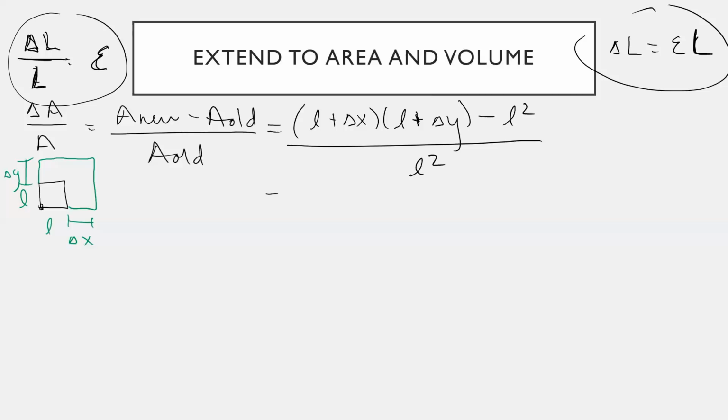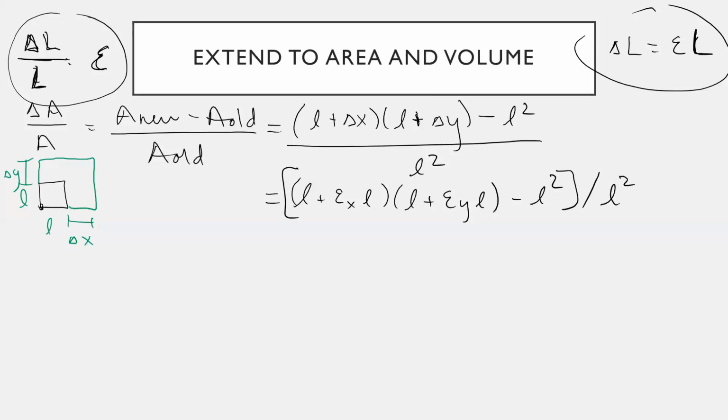So I can say that this is L plus strain X L, L plus strain Y L, minus L squared, all over L squared. I can multiply that out.